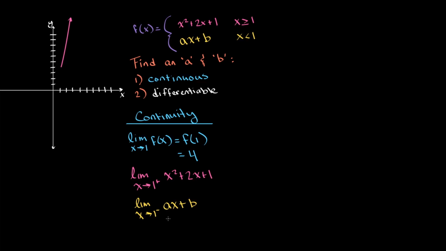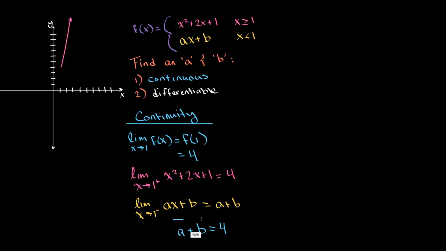Evaluating these, the limit from the negative side of ax plus b is just a plus b. And for the positive side, we have 1 plus 2 plus 1, which is 4. So in order for our function to be continuous, a plus b needs to be equal to 4.